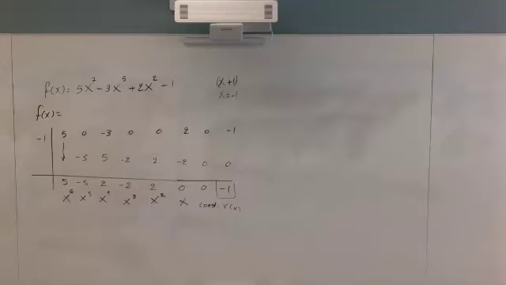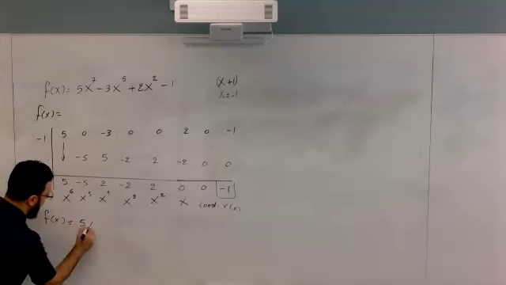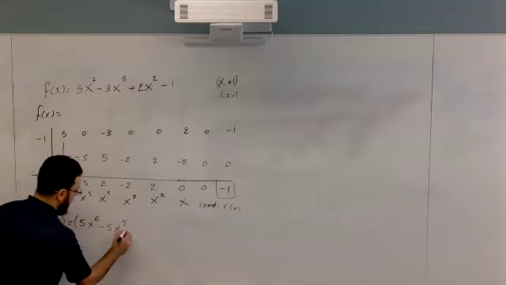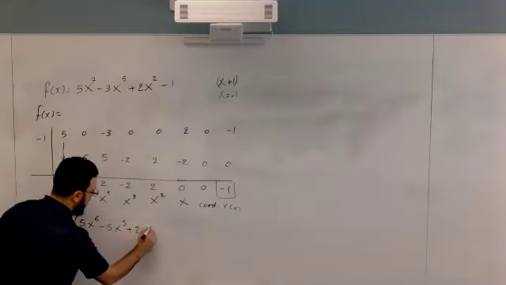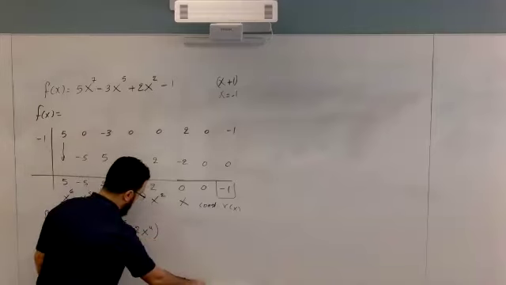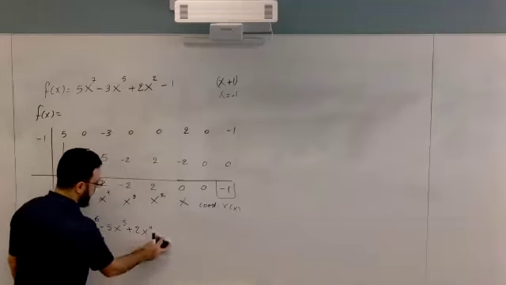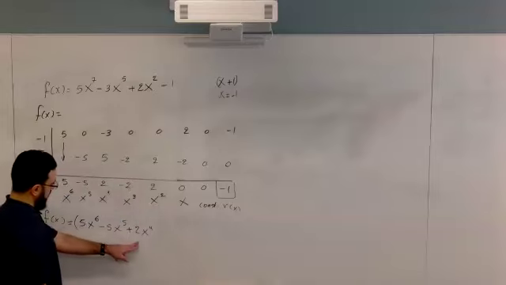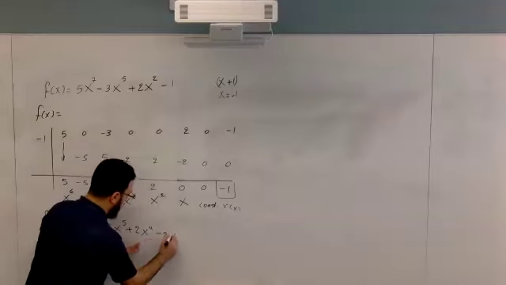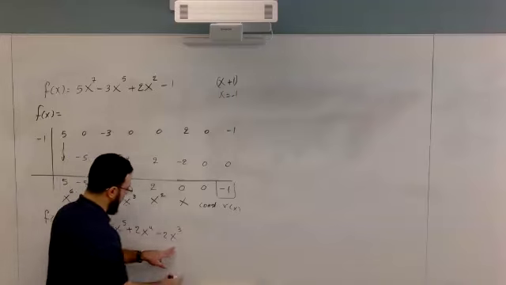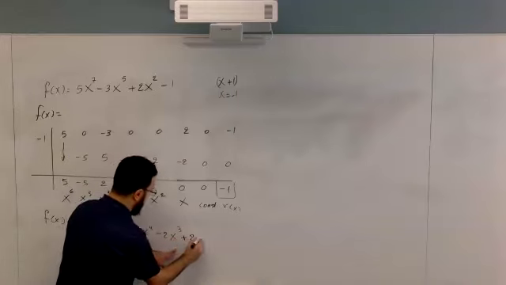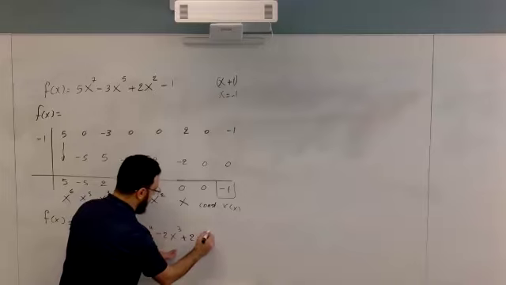So if I need to write down a new polynomial after factoring it, it's going to be 5x to the power 6 minus 5x to the power 5 plus 4, minus 2x cubed plus x squared. Keep going.